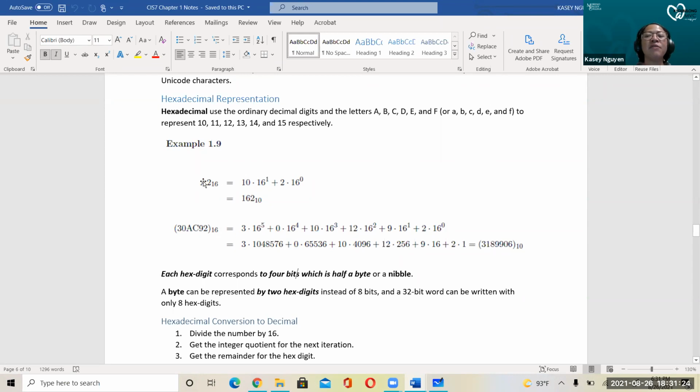So that's going to give you 1 byte. In the second example, we have 1, 2, 3, 4, 5, 6 digits in the hexadecimal. So we have 1 byte here, 2 bytes, 3 bytes, or 24 bits.